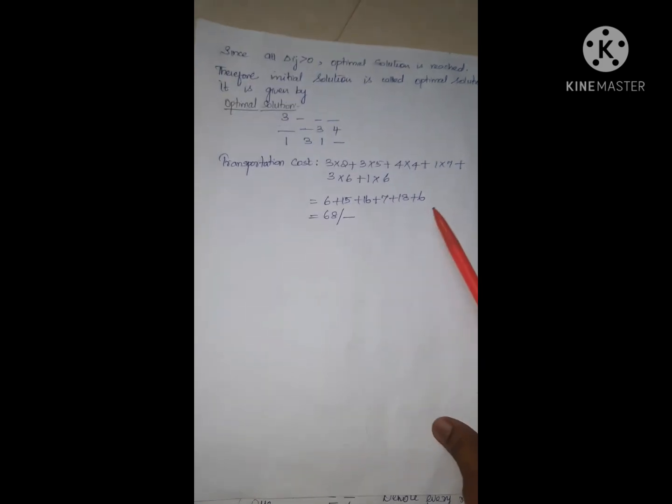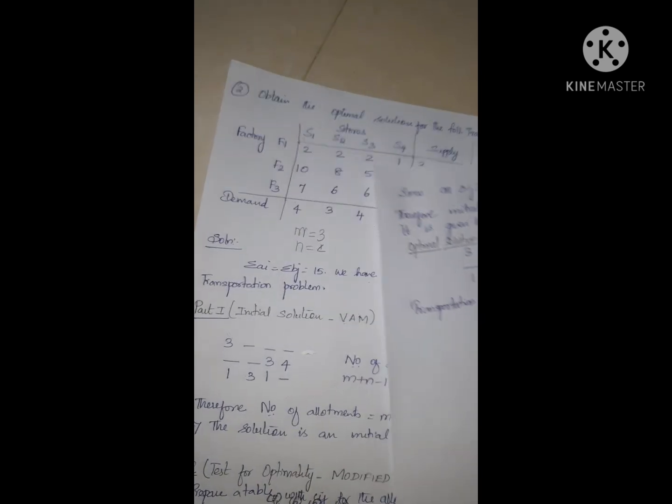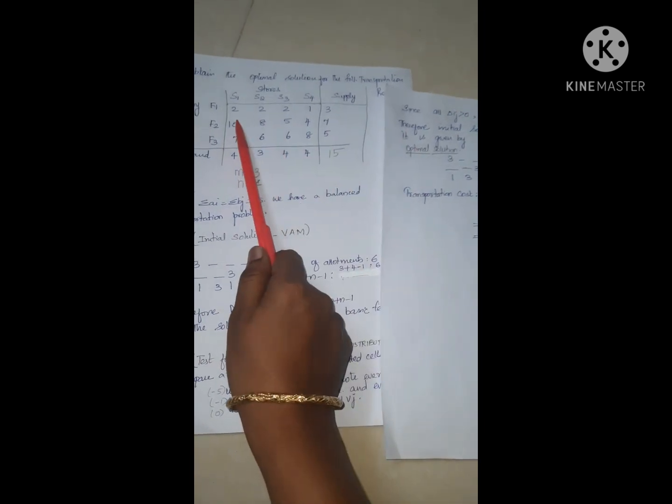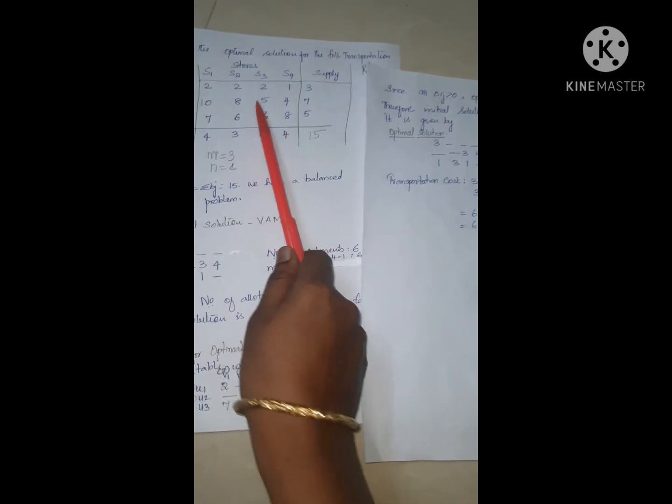How to find the transportation cost? By multiplying every allotment in our optimal solution with the corresponding cost value. So we do 3 with corresponding cost value 2, so 3 into 2. Then in the second row, 3 with corresponding cost value 5.